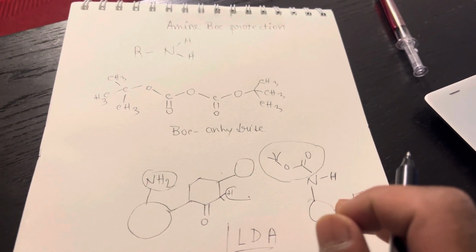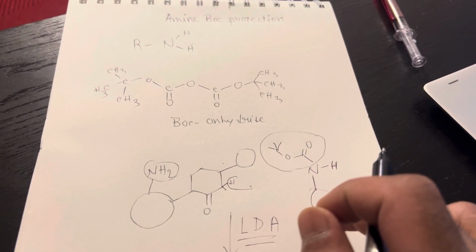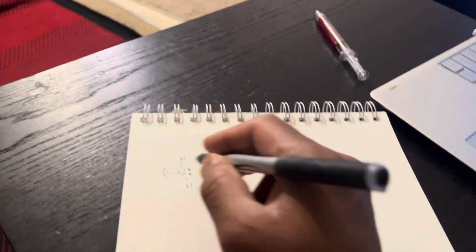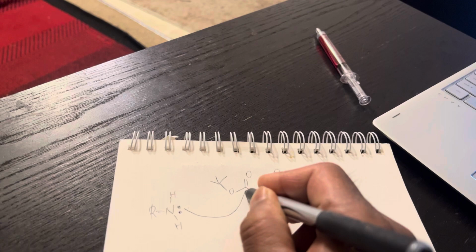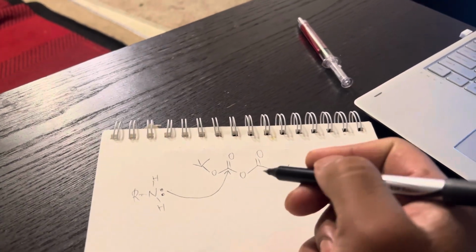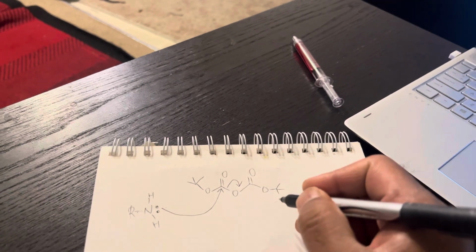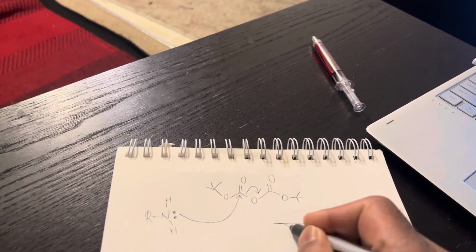How are you protecting the amine by Boc protection, what is the mechanism? When you have the amine, it will use its lone pair of electrons for nucleophilic attack, and once it attacks, this bond will break down and ultimately you will get two parts.